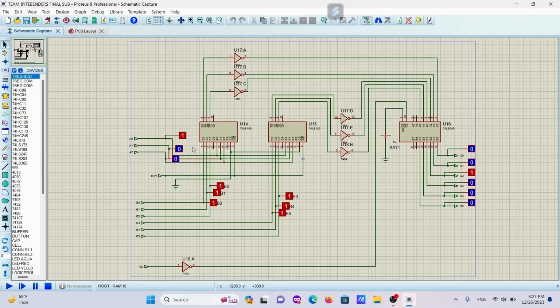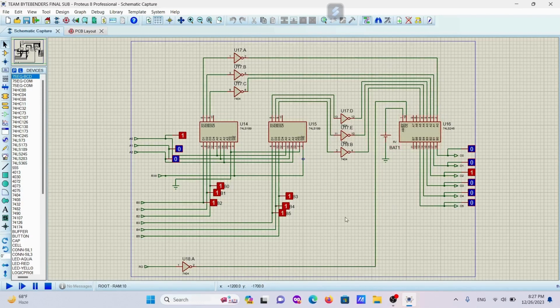We have connected them to the 3 address pins of the 2 RAM ICs and shorted them, as it will act as one RAM of 8 into 6 bit. We have connected 3 data switches to one RAM IC and another 3 data switches to the other RAM IC. And we have taken the output from each RAM IC and connected them to this buffer IC.